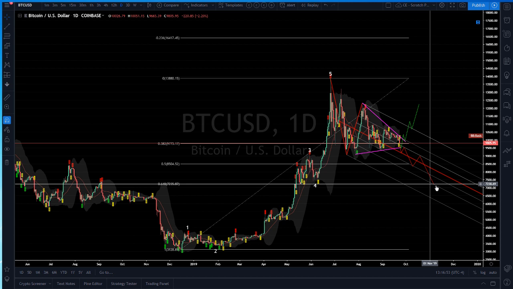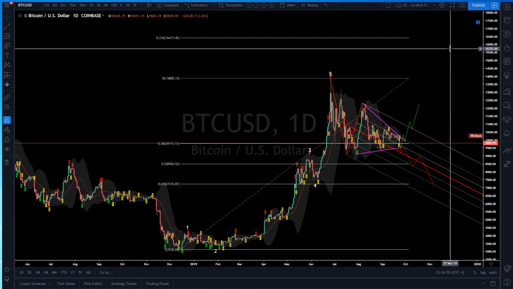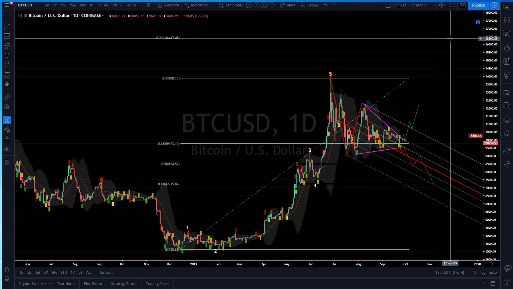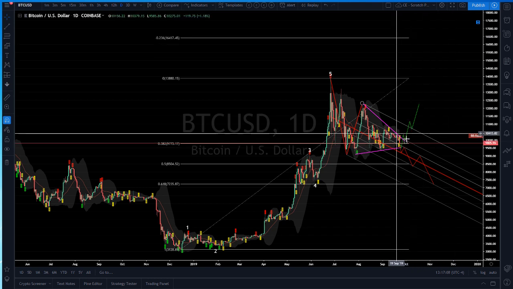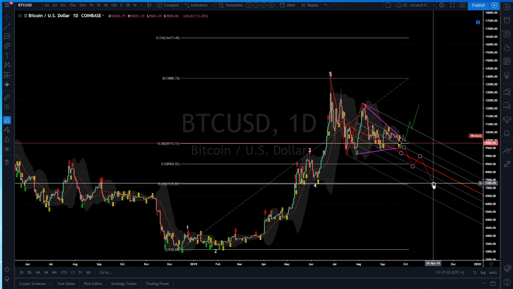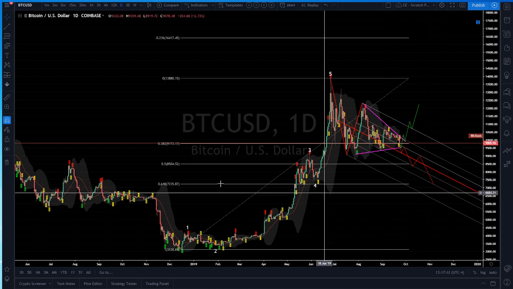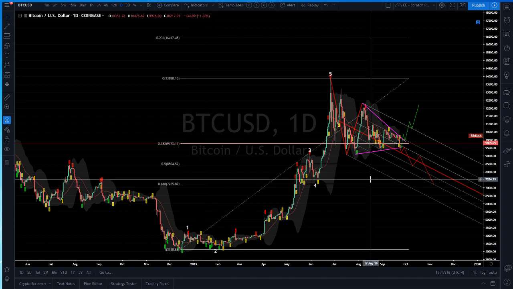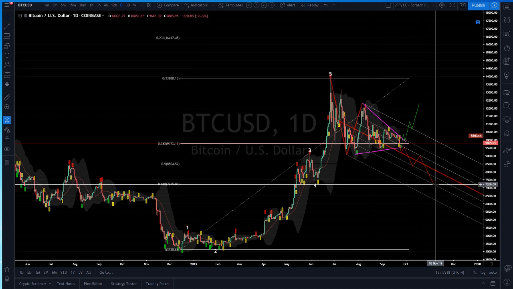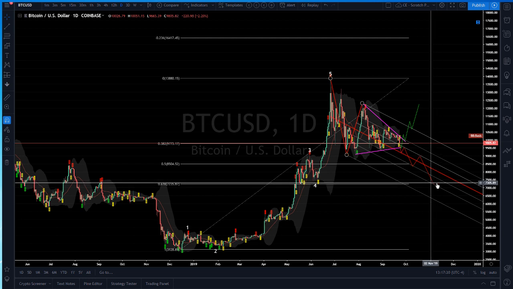If we're completing a 2, then I would expect us to come all the way down here before we turn around and actually hit the 16,400 target. And just for the record, that is my target, 16,400, whether we break out here or whether we break out all the way down here at 7,200. If we break out at 7,200, then 16,400 is perfect, because that is about a 100% move from this zone right here.